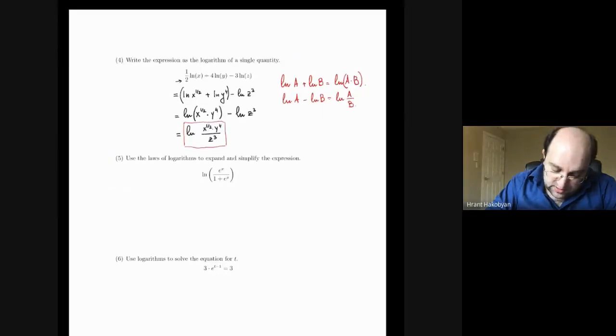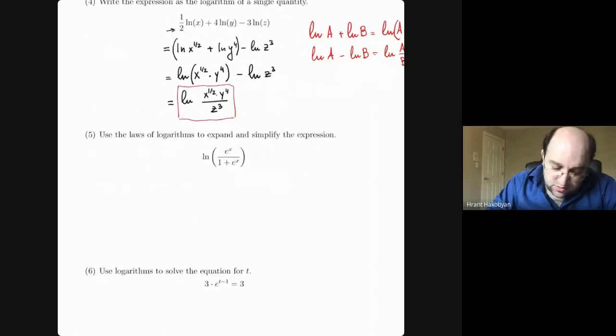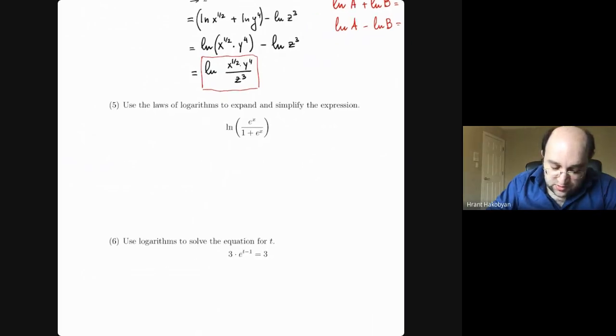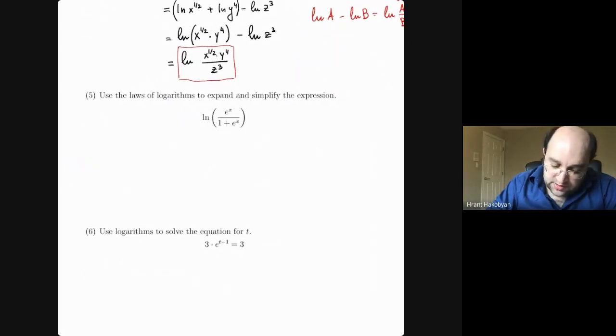So next, in these examples, this was the natural logarithm, base e. Next let's use the laws of logarithm to expand and simplify this expression. I'm going to write this as, now see, I have a fraction, this divided by that.